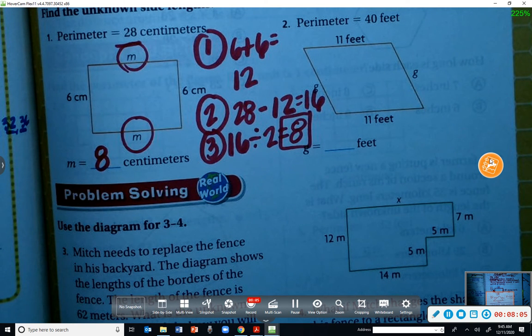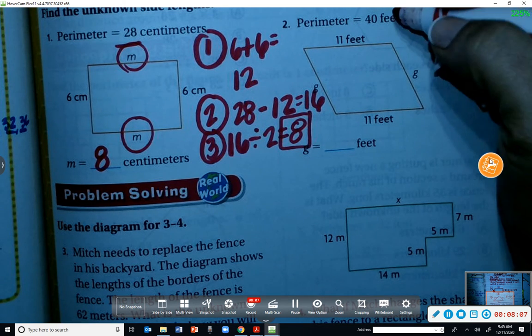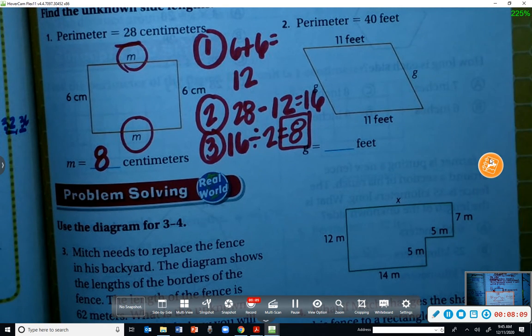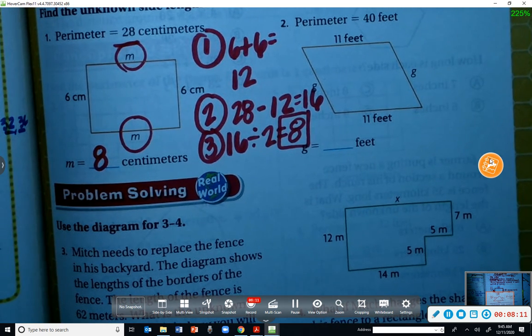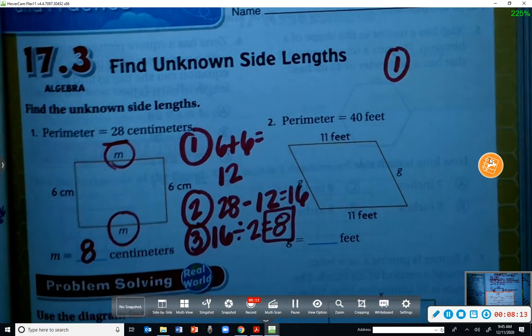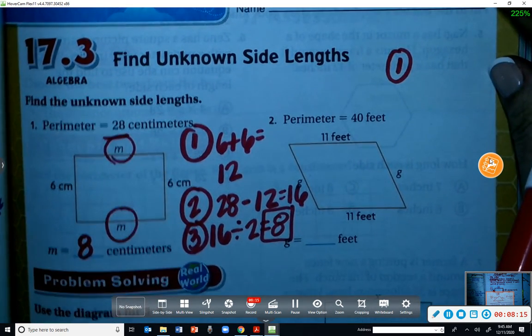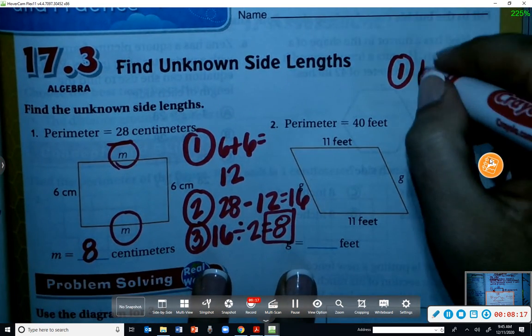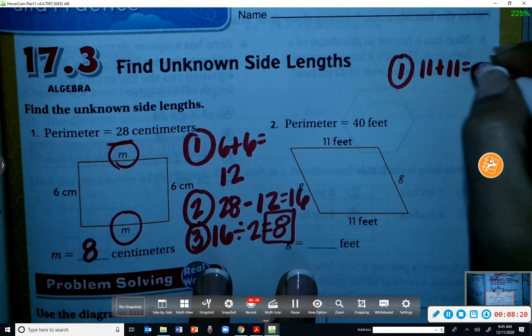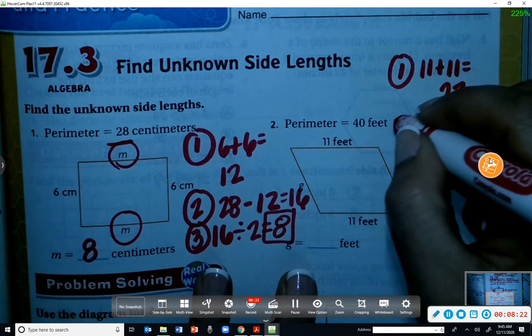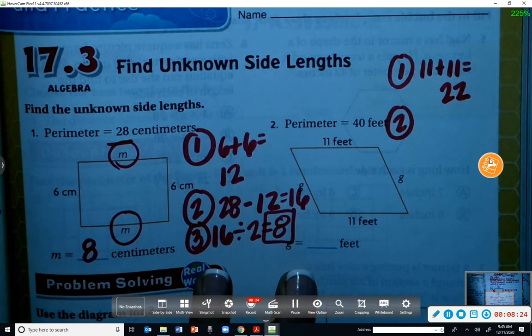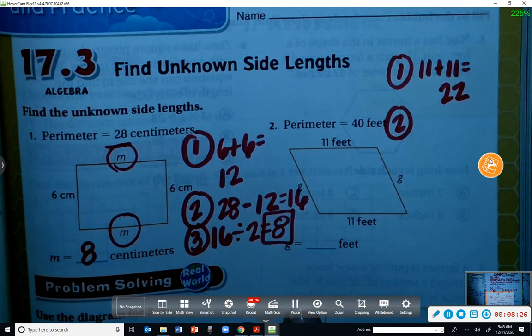Okay, number 2. What do I need to do first? Allie? Add the sides we know. 11 plus 11 is 22. Okay, good. Step 2. Gregory, what do I do next?